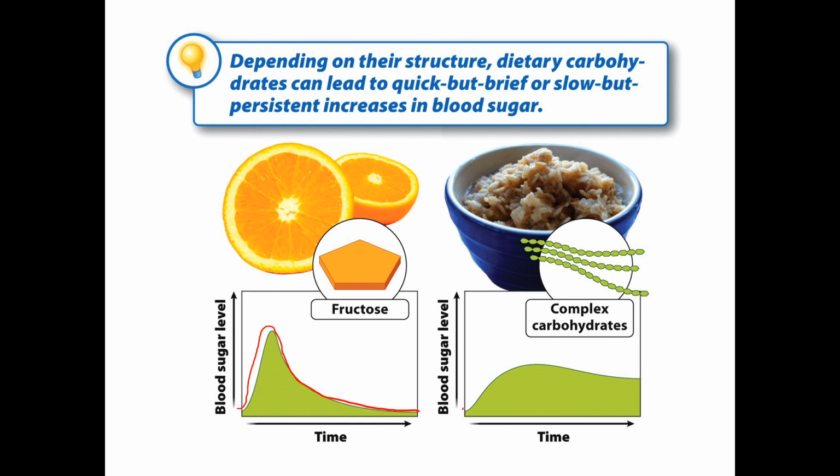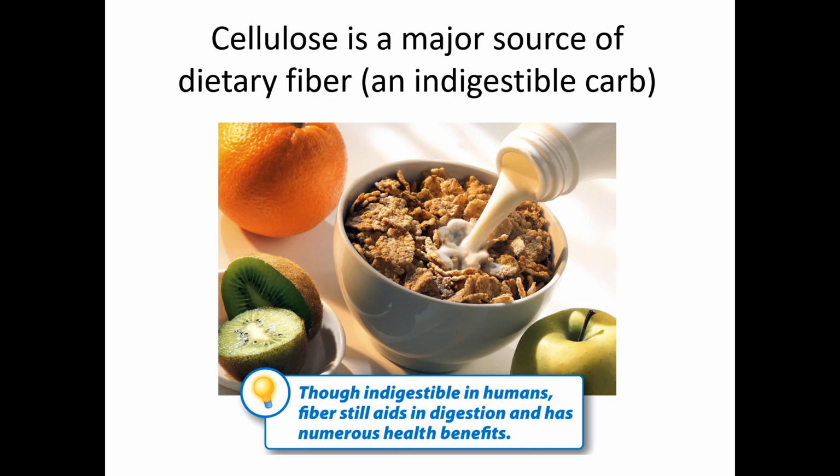However, if you have something with more complex carbohydrates, it takes longer for the body to break that apart. So you get a much more gradual, time-release of sugar, and it remains that way a little bit longer, a little bit steadier. So it provides you with a more lasting source of energy than this quick, brief input due to simple sugars.